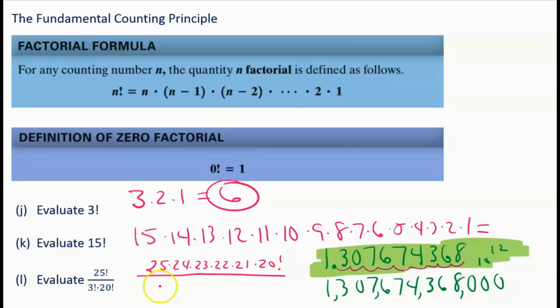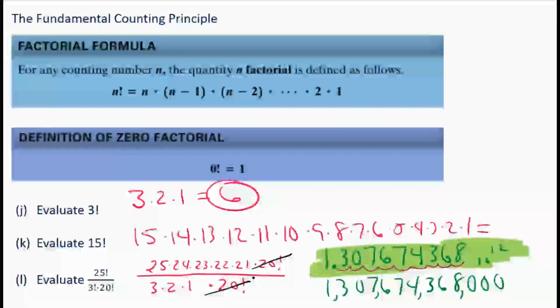And 3 factorial, I'm going to write as 3 times 2 times 1, and then times 20 factorial. Now, again, you may see exactly what's going to happen. I'm canceling that 20 factorial with that 20 factorial.